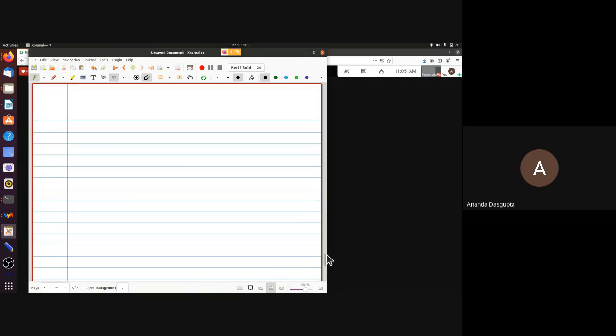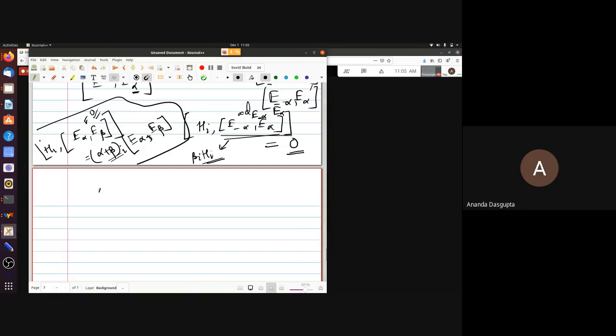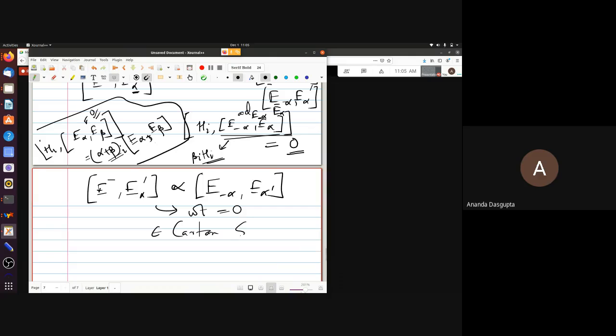Let me just quickly recapitulate what I am saying. I am saying E minus E alpha prime, because it's proportional up to a factor to E minus alpha E alpha prime, must have weight equal to 0, so must belong to the Cartan subalgebra. That's my statement 1.